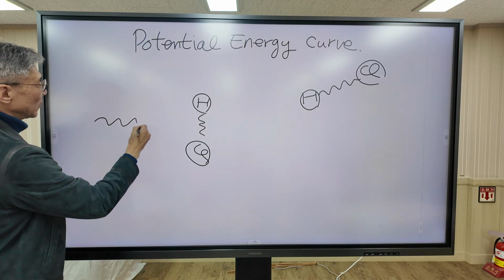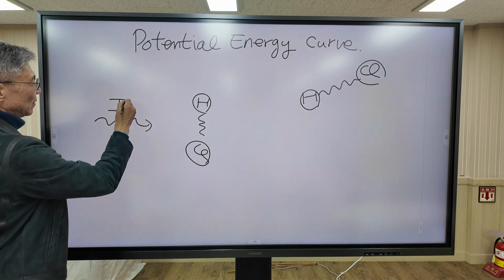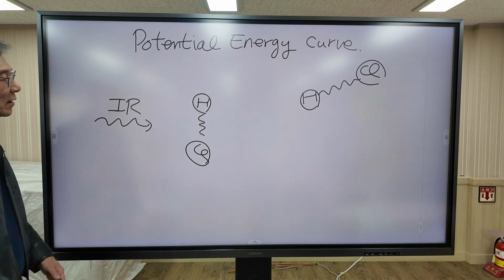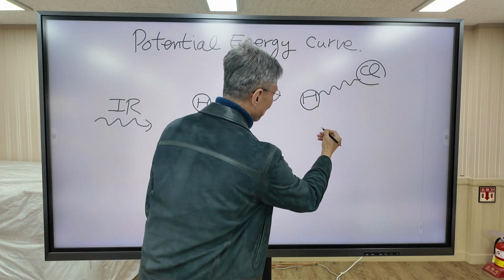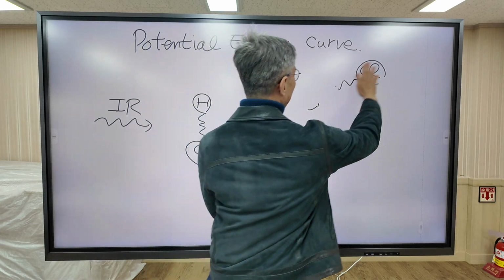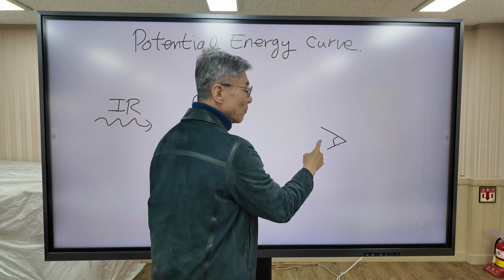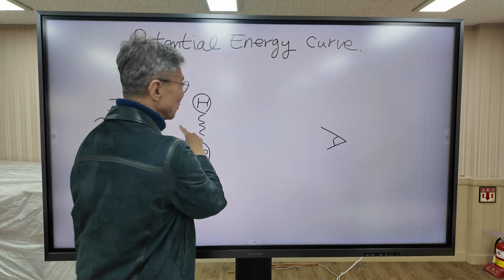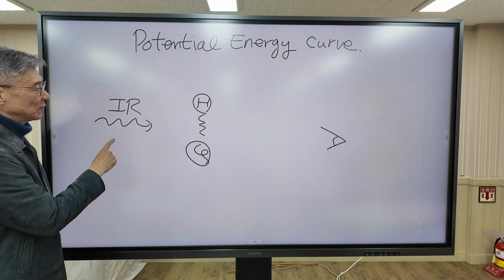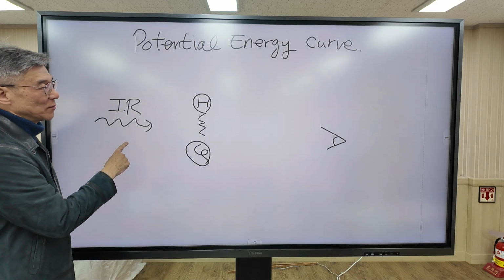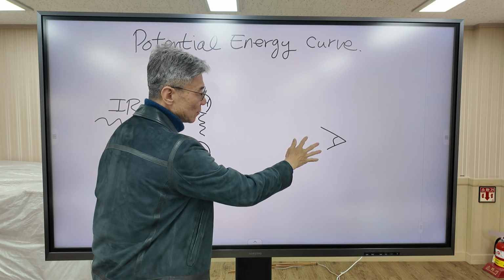I'm going to irradiate infrared, and the detector is installed on the opposite side of the IR. The detector measures the amount of light that passed through the molecule. So as I change the frequency of light, I'm going to measure the intensity of light through the detector.